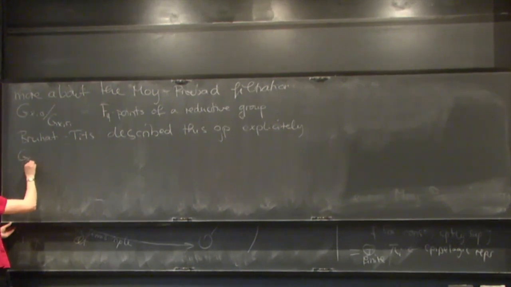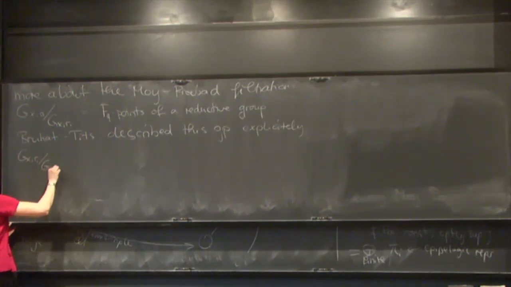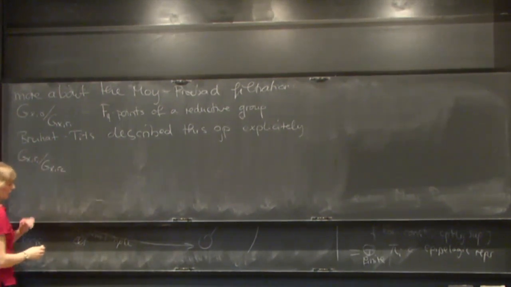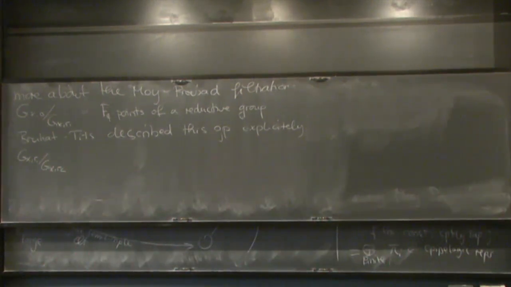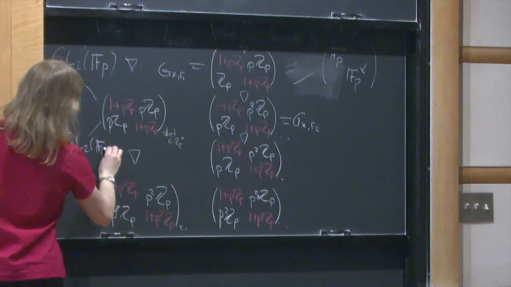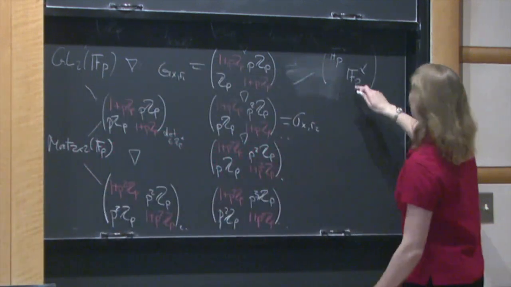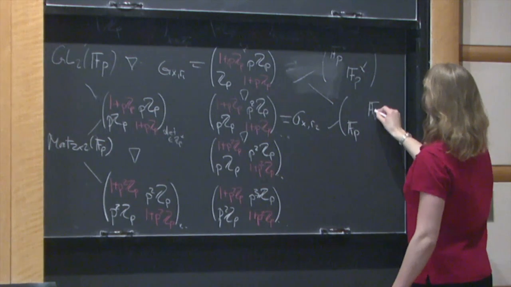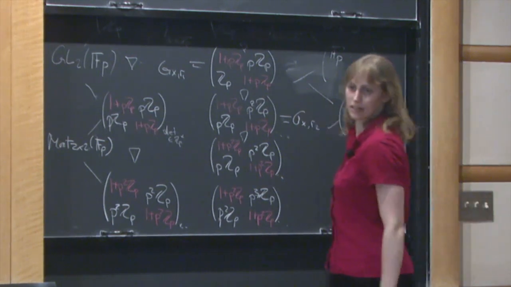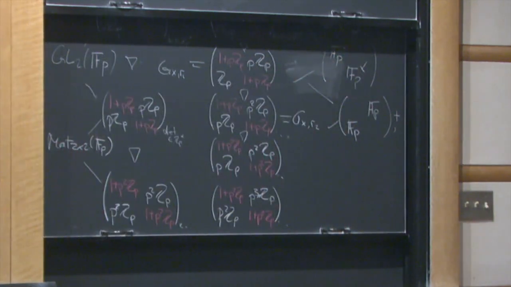Then you can look at all the other quotients, G_x,r_1 mod G_x,r_2, and all the others. If you do this over here, what you get is just the 2x2 matrices over the finite field. If you do it here, we did it earlier. For this, you just get the antidiagonal matrices under addition, so that multiplication translates into addition.